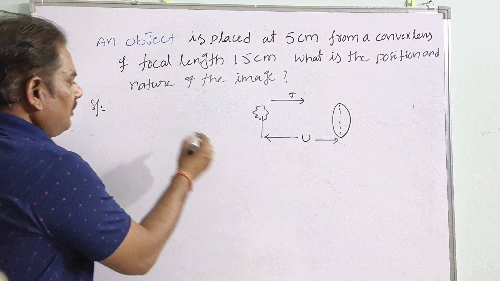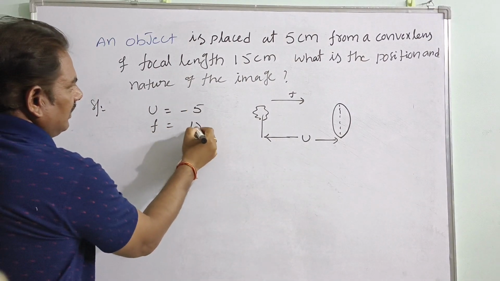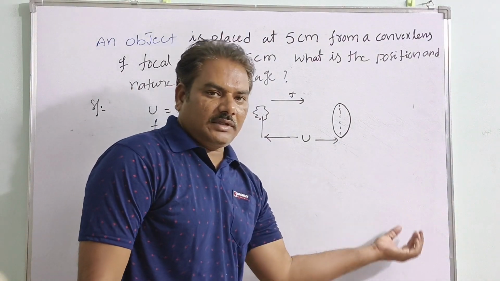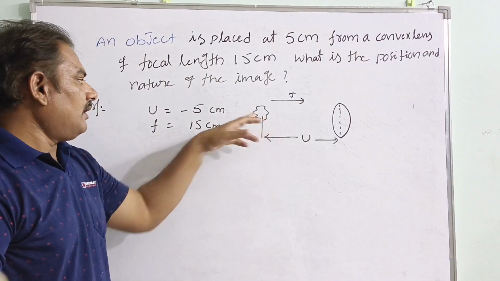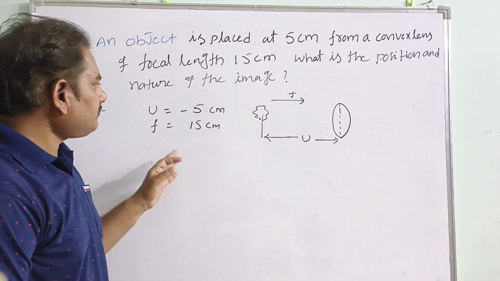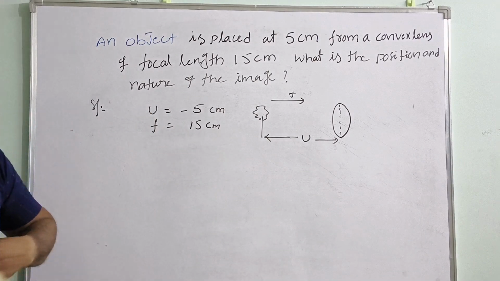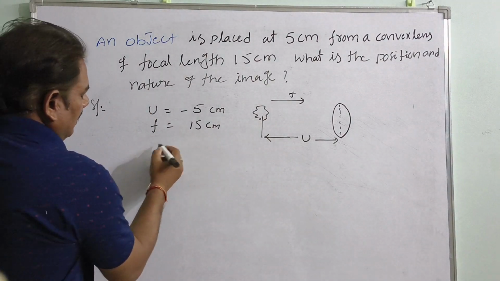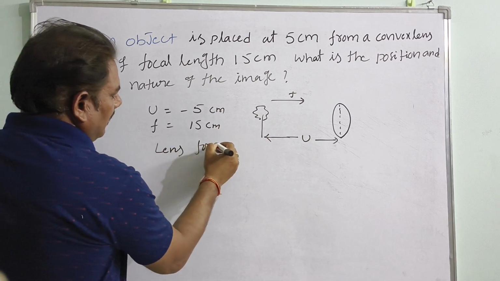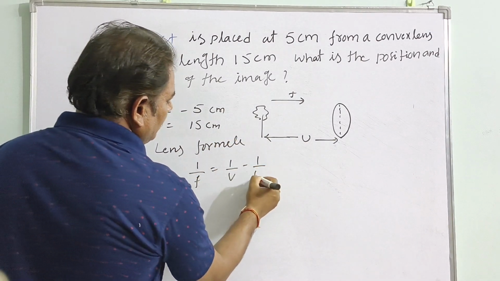So here the u value is equal to -5 and the focal length is 15 centimeters. What is the position and nature of the image? We know the lens formula: 1/f is equal to 1/v minus 1/u.